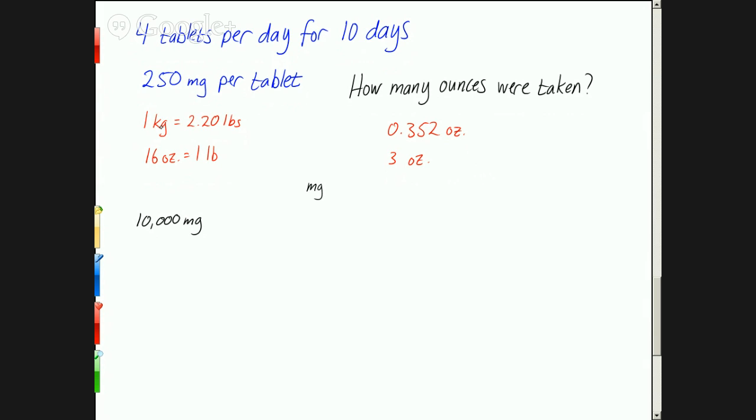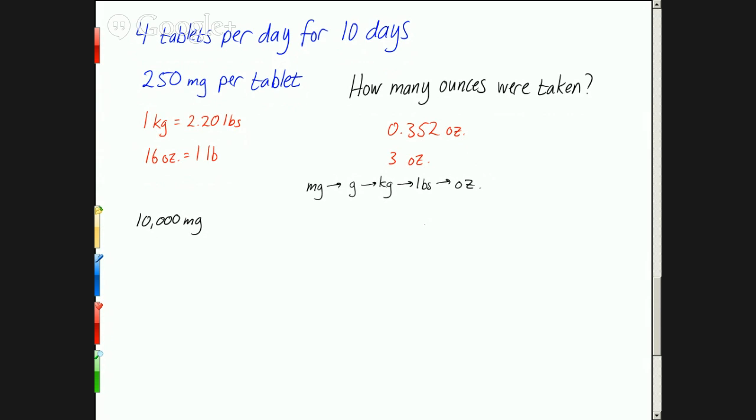We want to get to kilograms, because then we can convert to pounds, and we know we can get pounds to ounces. So we go milligrams to grams, then grams to kilograms, because we know those are 1,000 each. Then pounds, and then ounces. Milligrams to grams, grams to kilograms, kilograms to pounds, pounds to ounces.